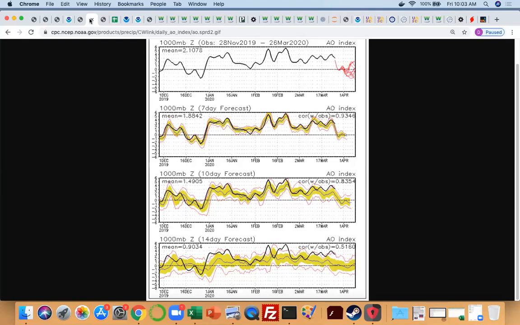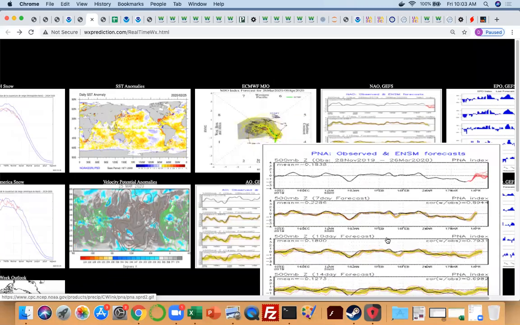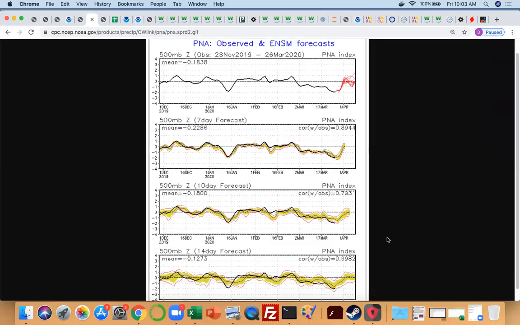So I treated those both as verifying on the warmer side, just because that's how it's always verified. Same thing with the PNA, which has been negative most of the time, and it's claiming that it'll get back to neutral or slightly positive.